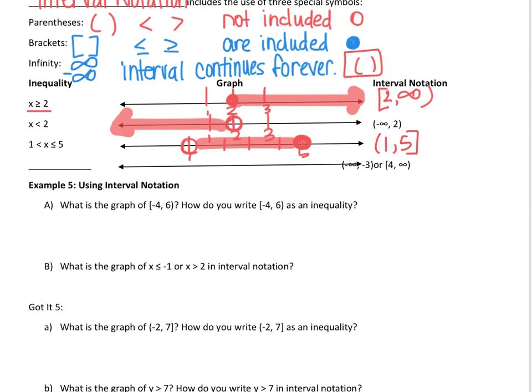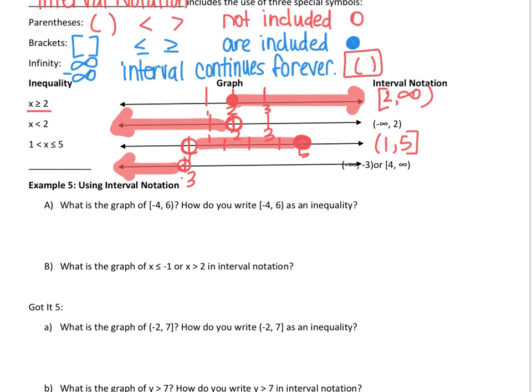Okay, the last one, we have to go from interval notation to the inequality. So I've got negative infinity to negative 3. So my endpoint is going to be negative 3, but it's going to get an open circle because it has parentheses.